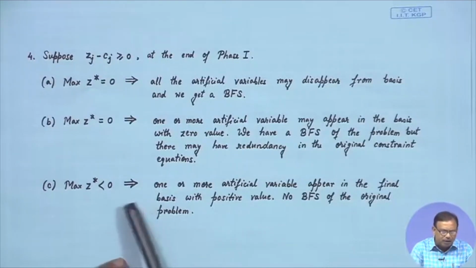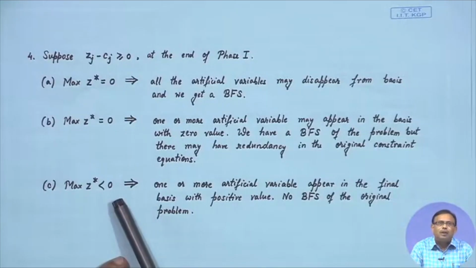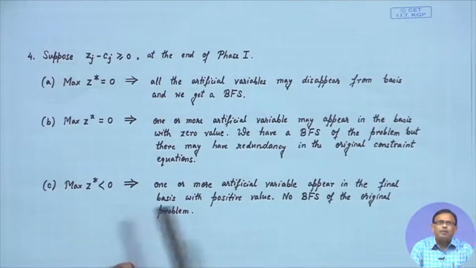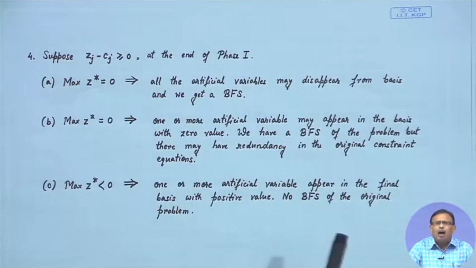The third case, that is C part, will be maximize z star less than 0. So, whenever z star is less than 0, that means the values of all the artificial variables are not 0. One or more artificial variables will appear in the final basis with a positive value.